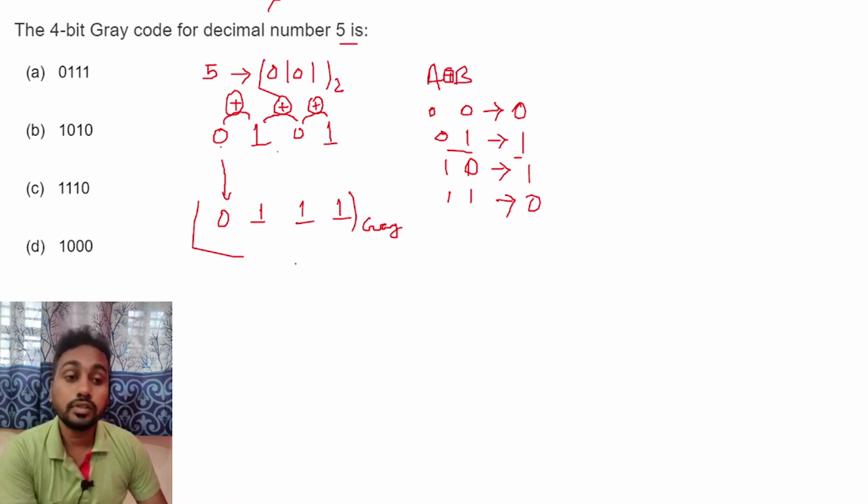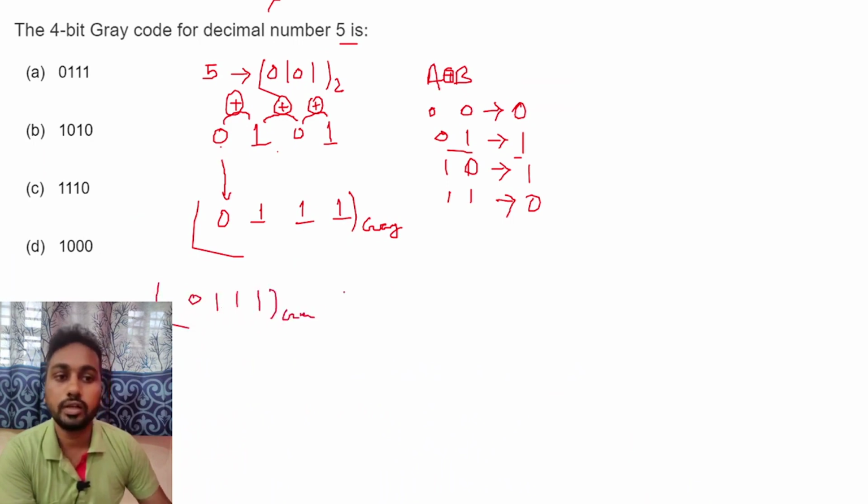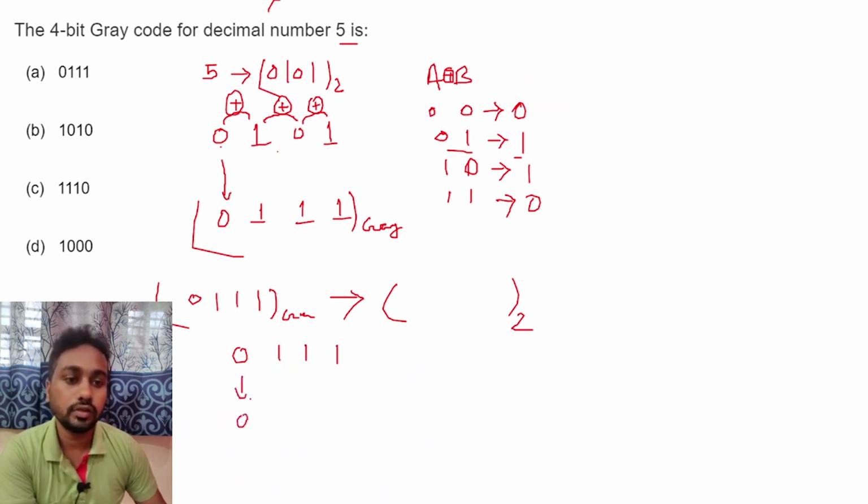Suppose in the question they ask how you convert this gray code into a binary or decimal value. For that you need to know the same process. The gray code is 0 1 1 1. Again you take the MSB as 0, then you apply the XOR operation, but output to input. 0 and 1 XOR is 1.